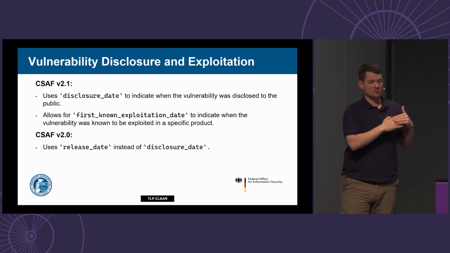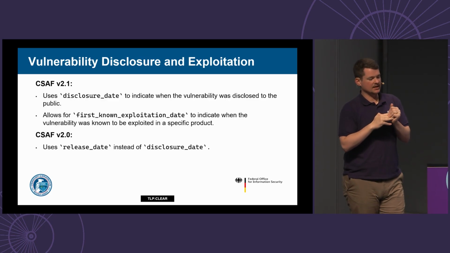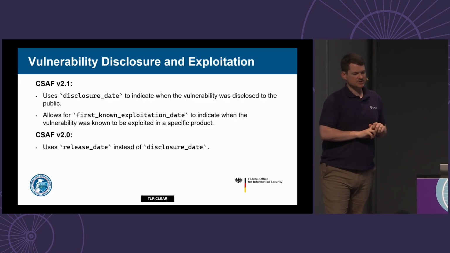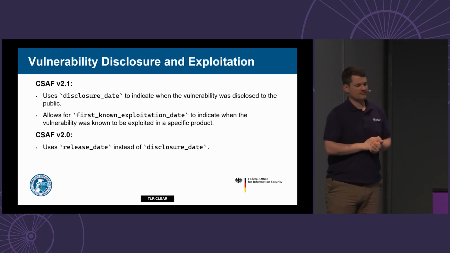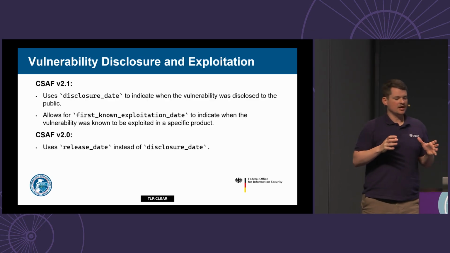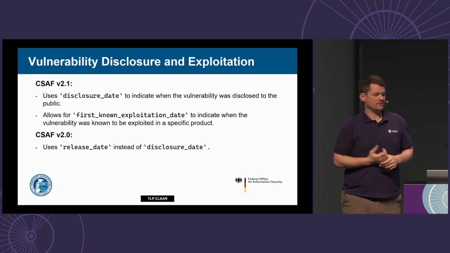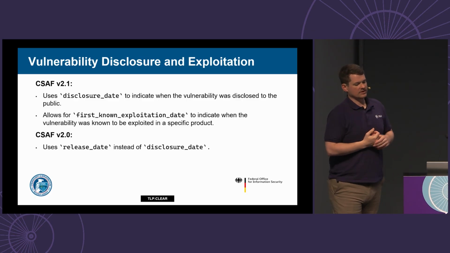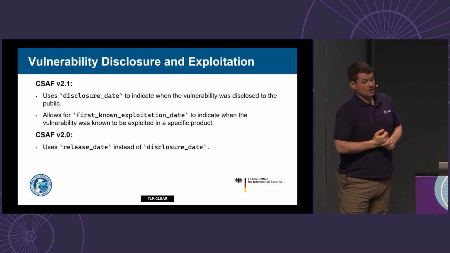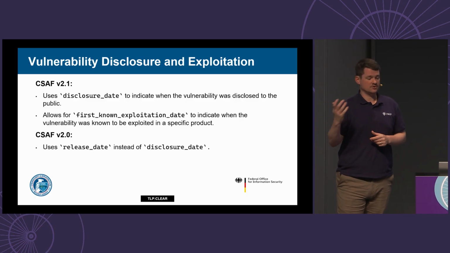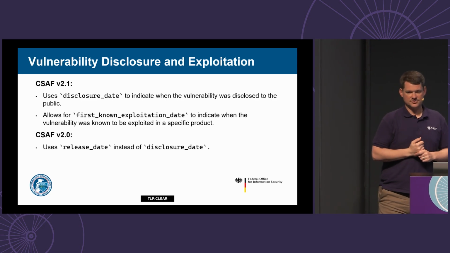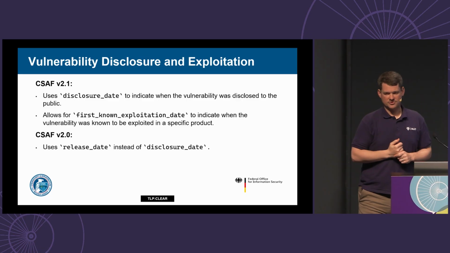Release date in the vulnerability property of the document has changed to disclosure date. We've also changed some of the language in the specification to be a little clearer about what we mean by that field, and that is the date for when the vulnerability was originally disclosed. We have also provided an optional field for listing when the vulnerability had its first known exploitation for a specific product.